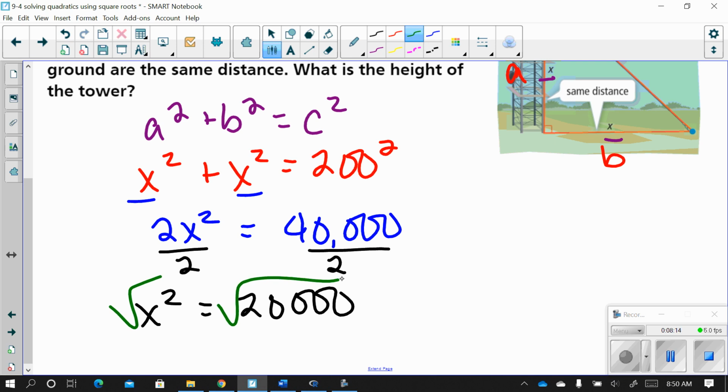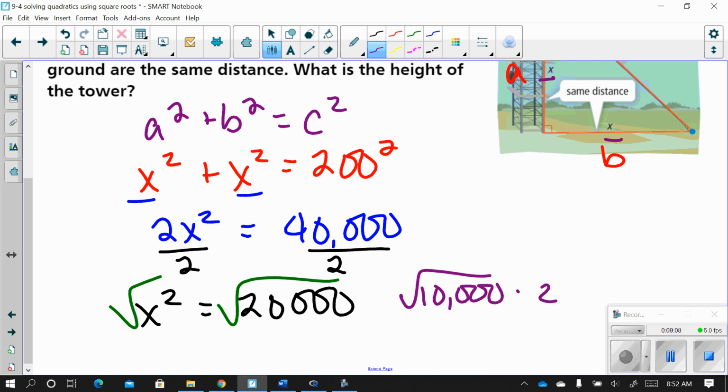So the square root of 20,000. Well, 20,000 is just 10,000 times 2.